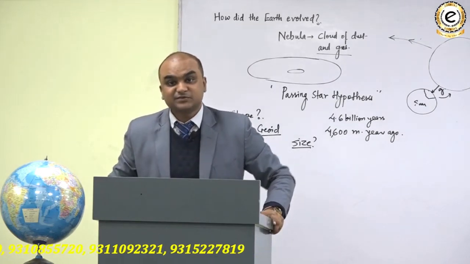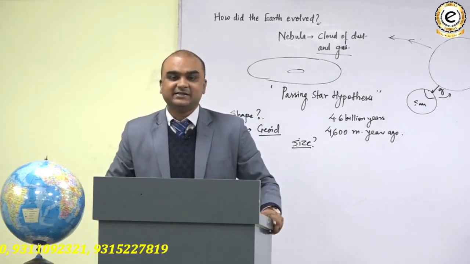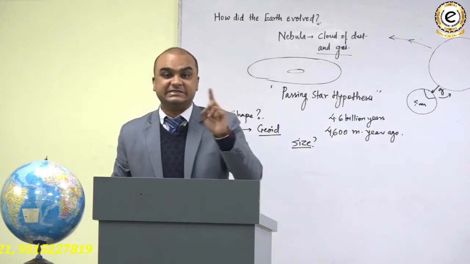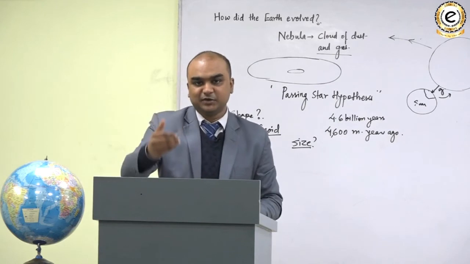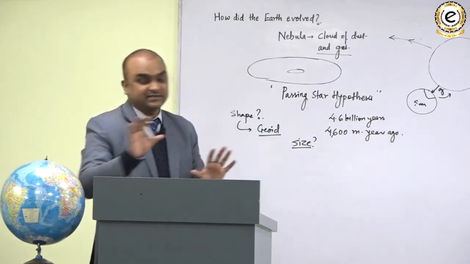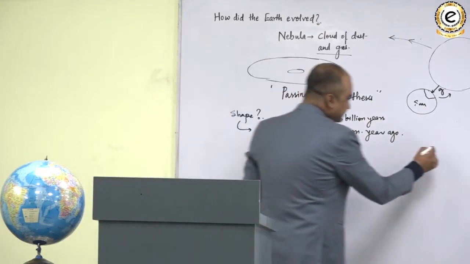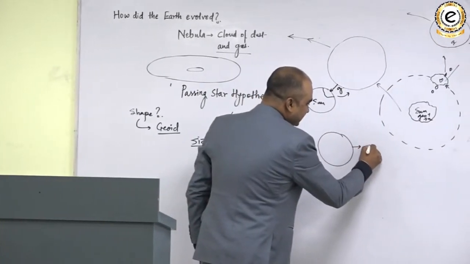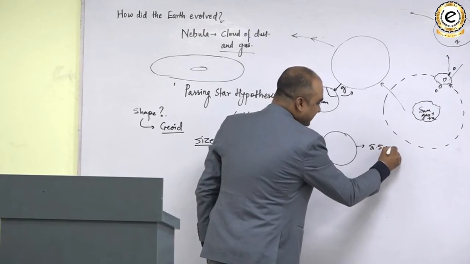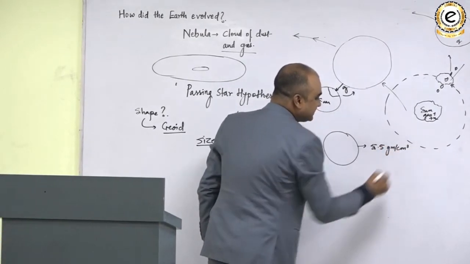But also in terms of density, you will see that Earth is the most dense. What is density? Density is nothing but mass per unit volume. Suppose this is the Earth, the average density of Earth is 5.5 grams per centimeter cube.